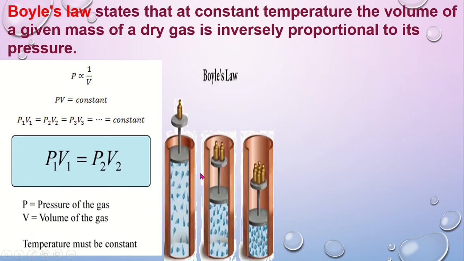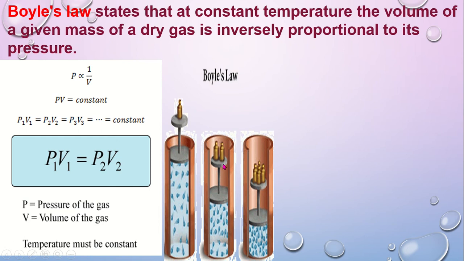Look at this figure. Here some gaseous substance is taken in the cylinder and there is a piston tightly fitted on the mouth of the cylinder. Then if I keep a mass on the piston of the cylinder, we can see the volume becomes this.